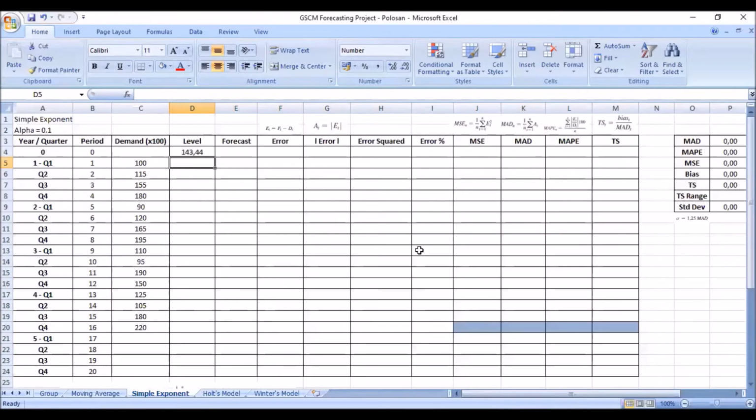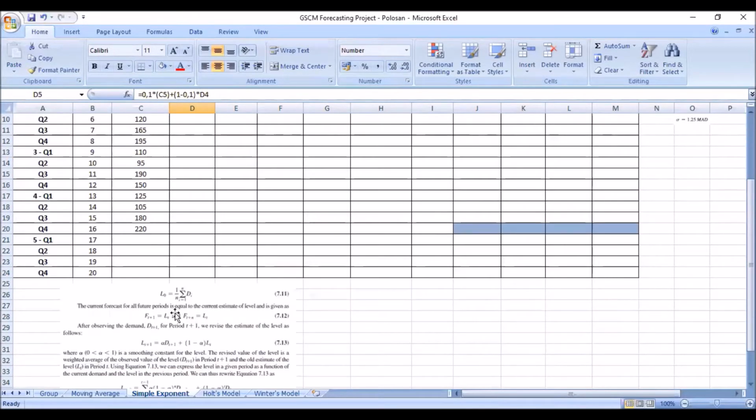So that is 0.1 multiplied by the demand of that period, which is D(t+1), plus 1 minus 0.1 multiplied by L0, the level of the previous period. And then you have it, you found the first level.